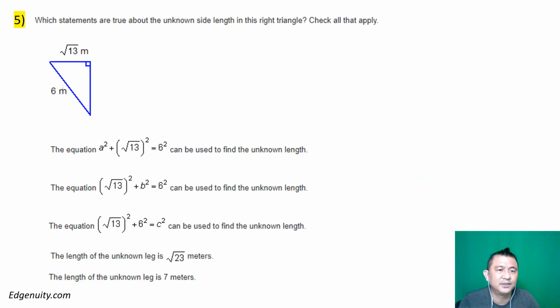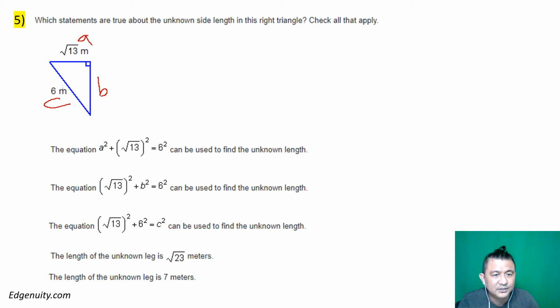Now, let's see this one. Which statements are true about the unknown side length in this right triangle? Check all that apply. Okay, so let's analyze first. You're going to be the C. You're going to be like the A, and let's say the B is missing here. All right, so the A and the B could interchange.